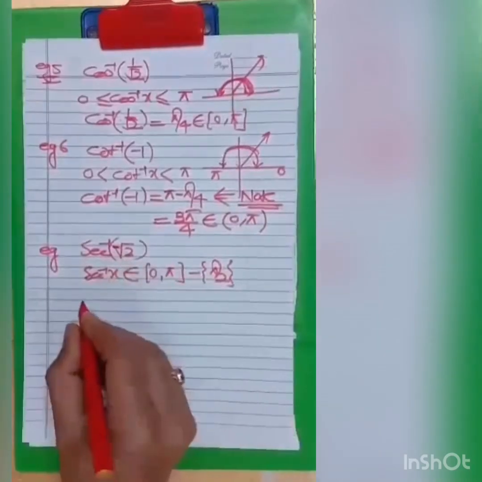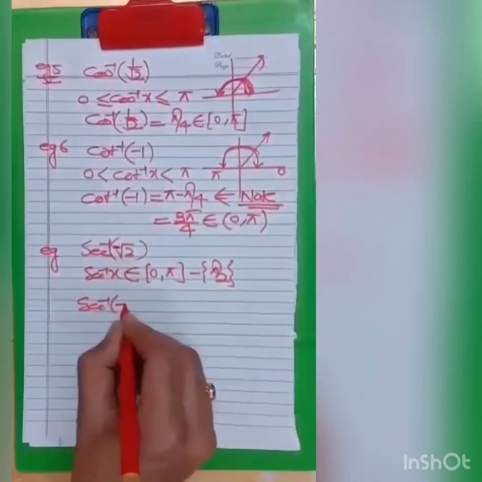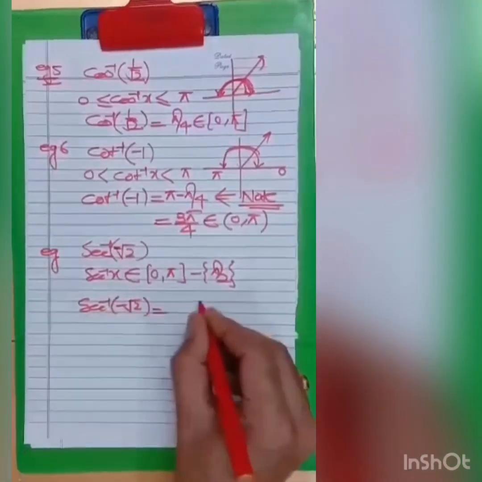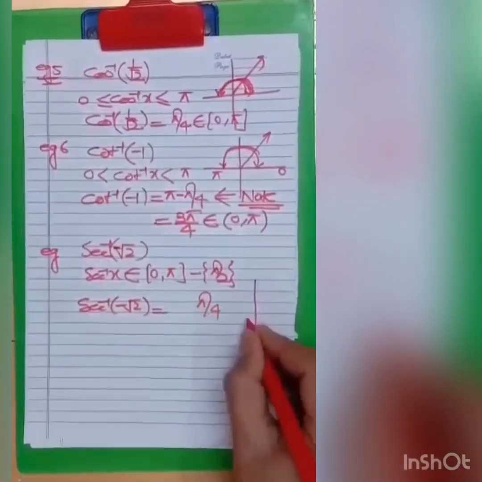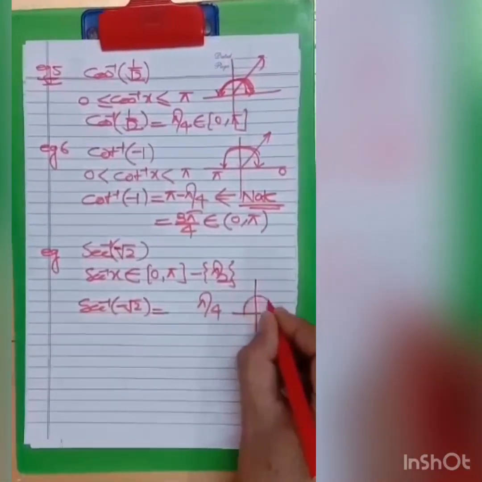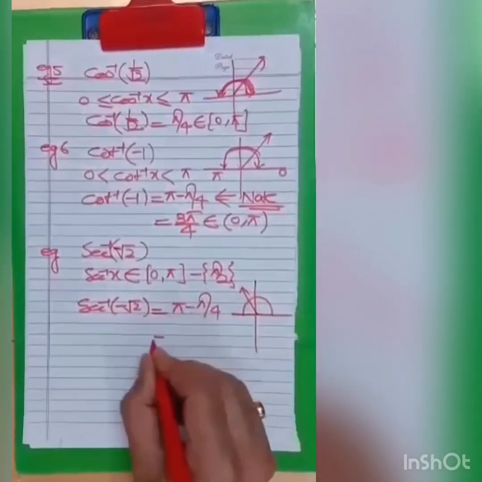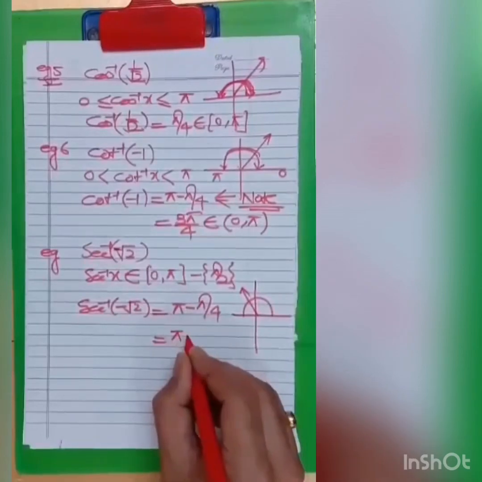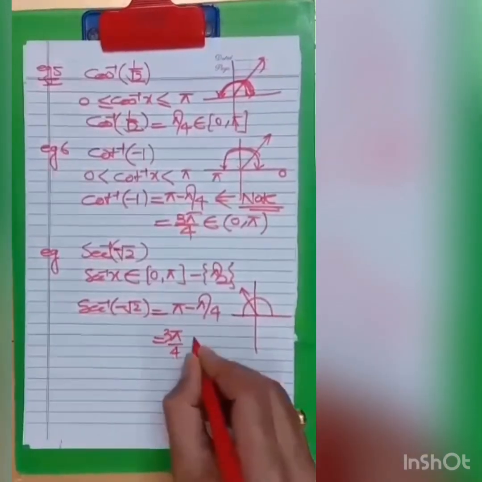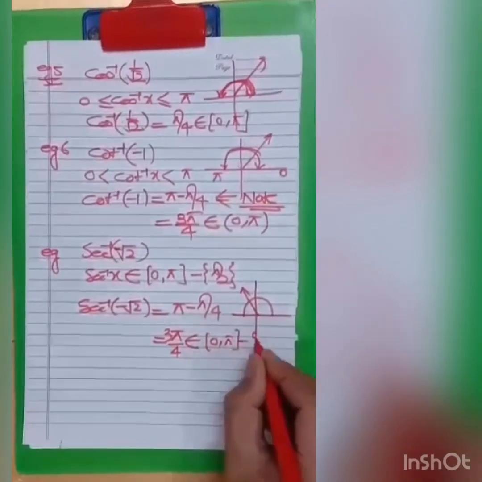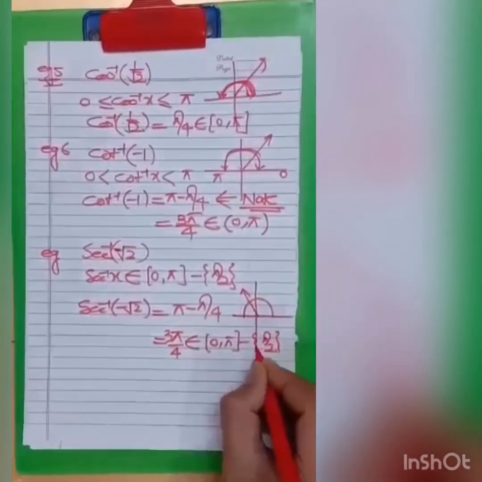Now check it, children, it is negative. Your value is pi by 4. You have to shift your angle to the second quadrant. Subtract this angle from pi. You will get 3 pi by 4. That will lie in your range.